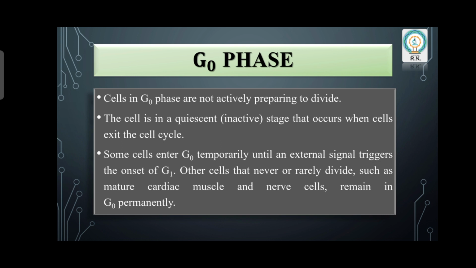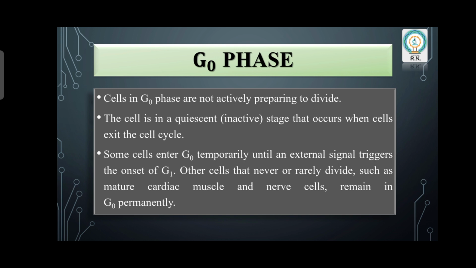When a cell is about to exit or leave the cell cycle, during that time G0 phase is initiated. Some cells enter G0 temporarily until an external signal triggers the onset of G1. Other cells that never or rarely divide, such as mature cardiac muscle and nerve cells, remain in G0 permanently.